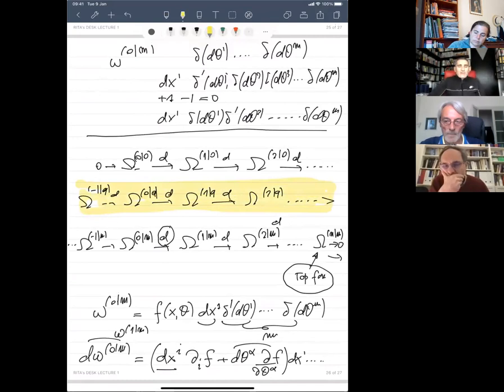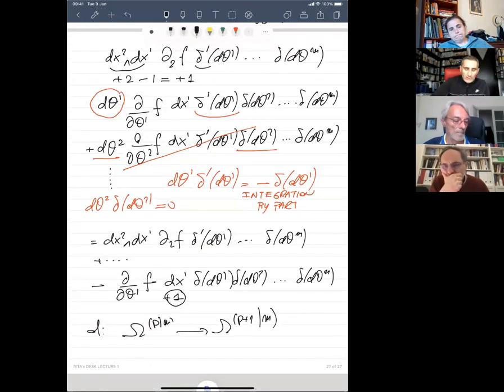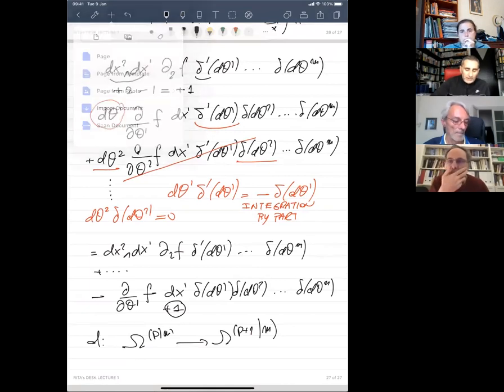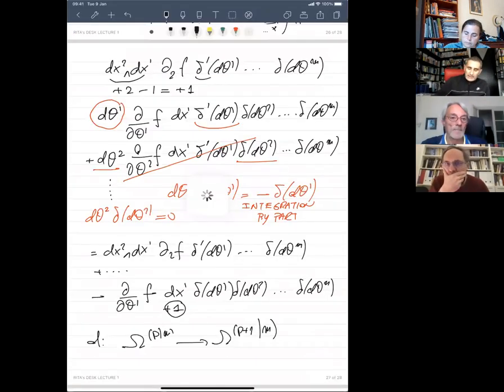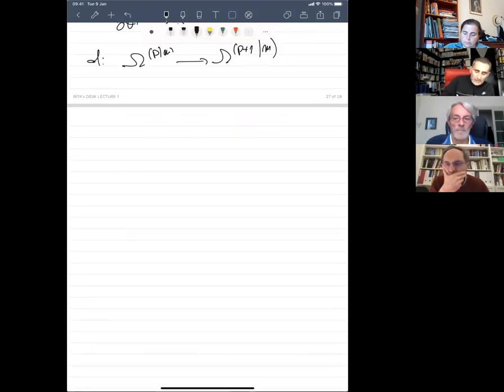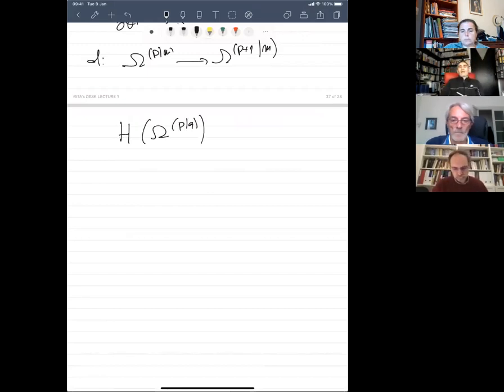Of course, once you have a differential D, it is a coboundary operator, and it has all the good properties that we know and love about the differential D. And therefore we can calculate cohomologies, and define the cohomologies of the differential D on the spaces P|Q. This is just the de Rham cohomology of these spaces.